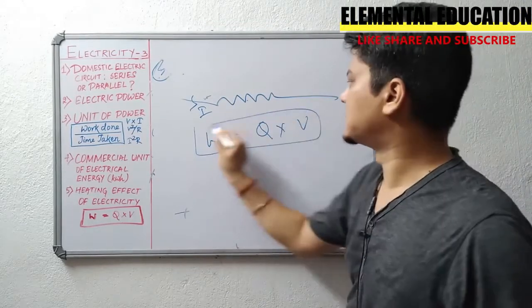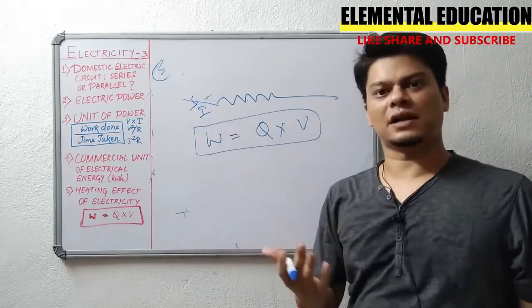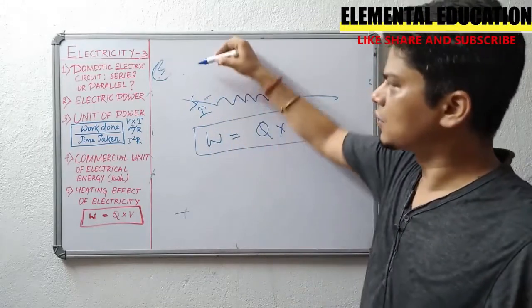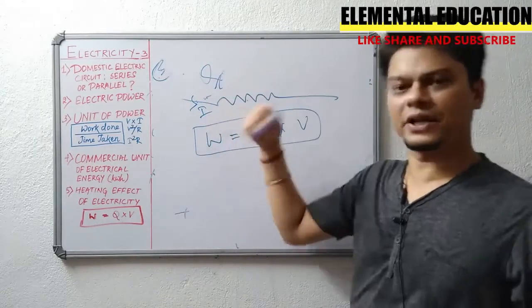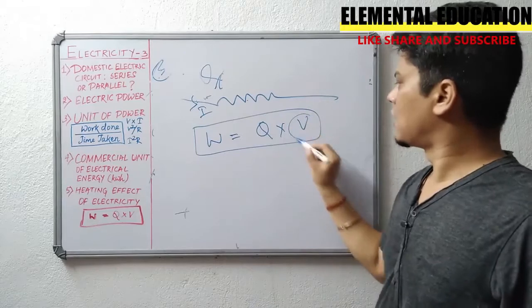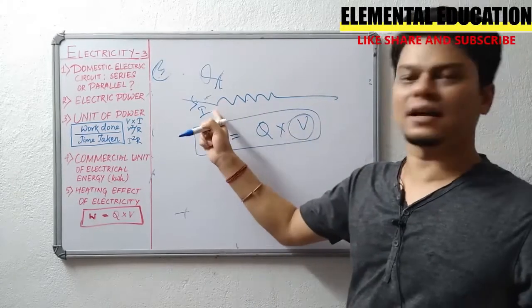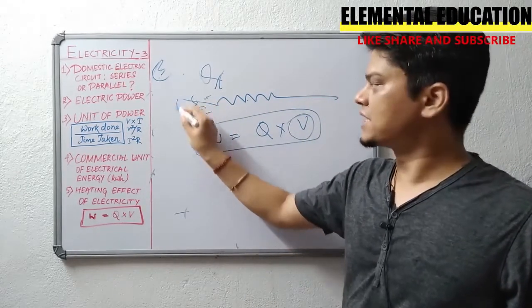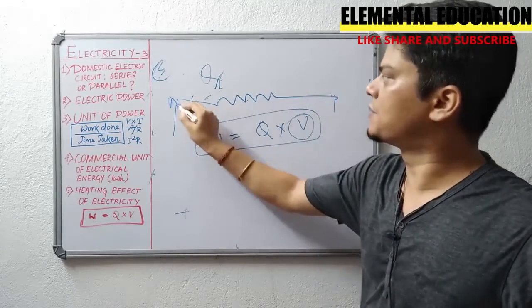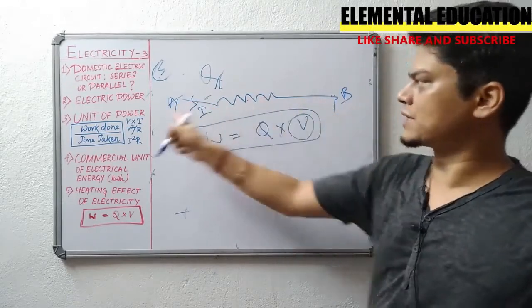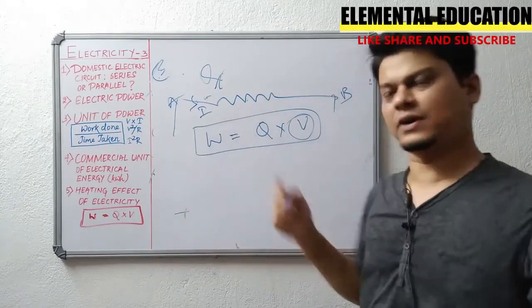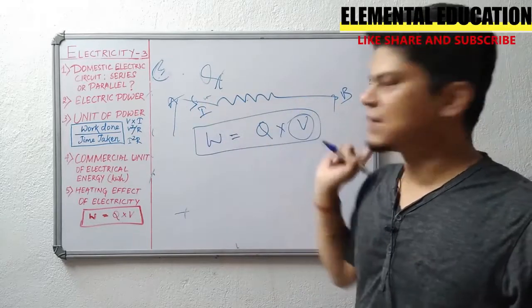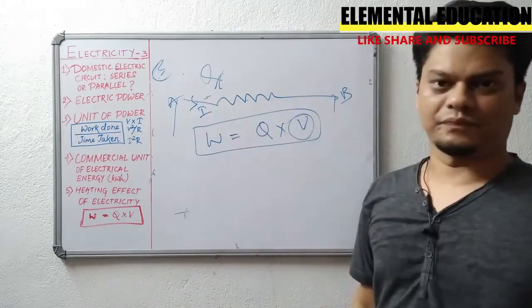Electric current is nothing but flow of charge Q per unit time. What makes this current flow? The potential difference across points A and B, whether it is 220 volts or whatever it may be.